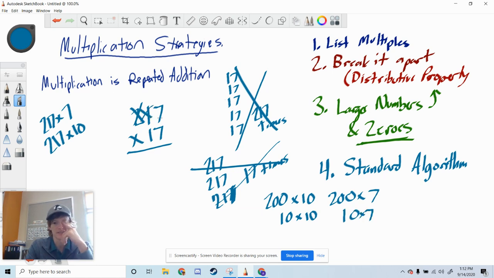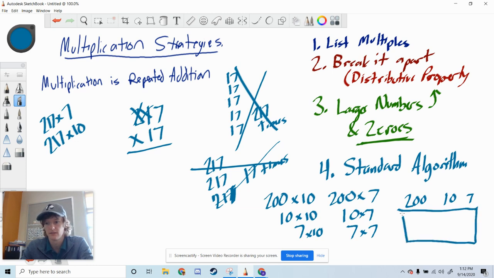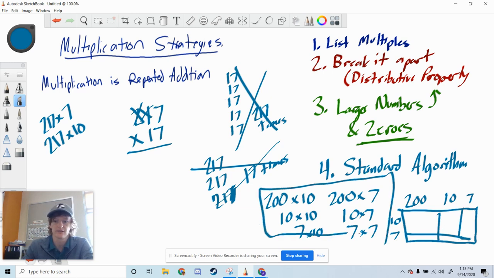And we have 7 times 10 and 7 times 7. So 7 times 10, 7 times 7. And this is the same thing if we were to break that into an area model. So we'd have 200, 10, and 7. And we'd have 10 and 7, like that. It's the same thing. I just expanded them out like this.